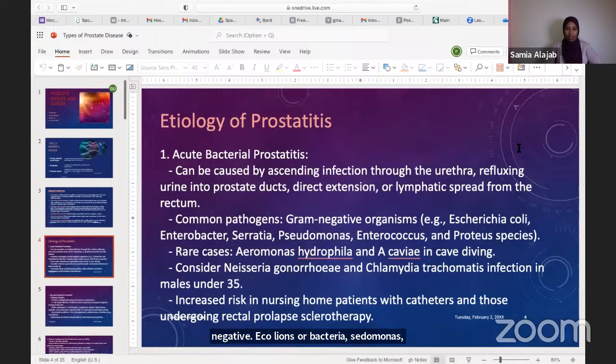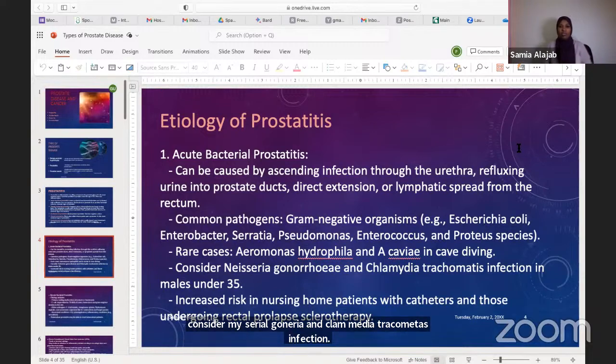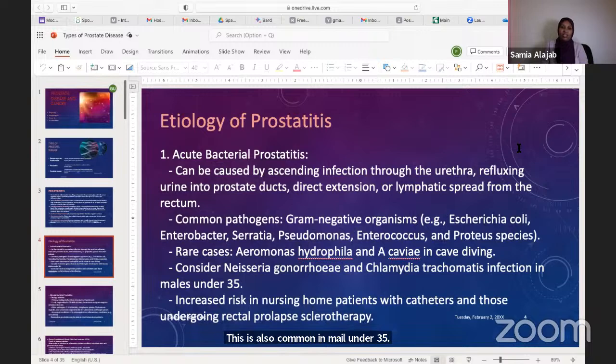Rare cases can be caused by Aeromonas hydrophila, a gram-negative bacterium seen mainly in cave divers. Also consider Neisseria gonorrhoeae and Chlamydia trachomatis infection, which are common in males under 35. Risk is increased in nursing home patients with catheters and those undergoing rectal prolapse sclerotherapy.